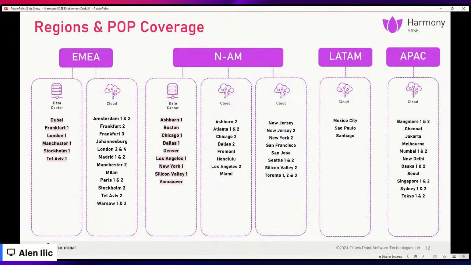So we have quite a few data centers out there, our POP locations. We acquired those when we acquired Perimeter 81, a pioneer in SASE, and we joined their capabilities with our capabilities to provide a single vendor SASE solution.